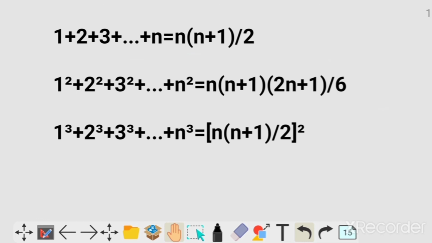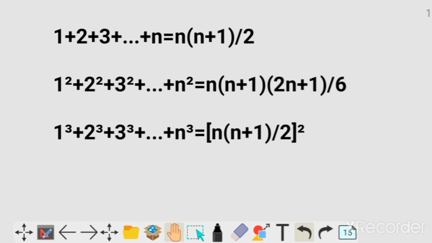Now the next sum is 1 square plus 2 square plus 3 square plus dot dot n square. It's not an AP series, but it actually helps you to solve questions in exams. The sum will be n into (n plus 1) into (2n plus 1) by 6. And the third formula is 1 cube plus 2 cube plus 3 cube plus dot dot n cube.